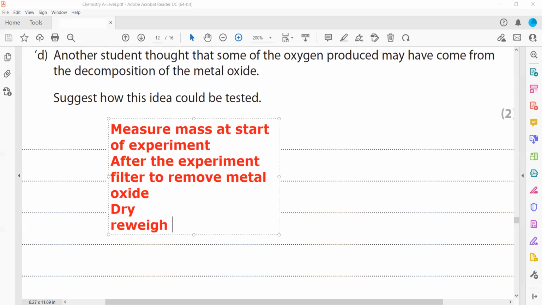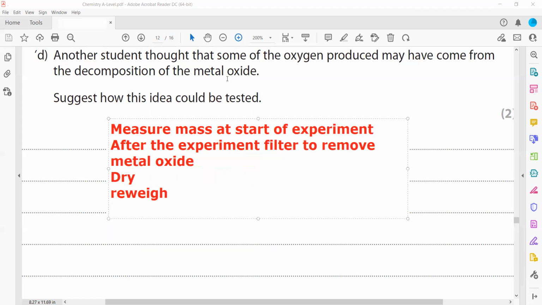If the mass does not change, it means the oxygen is not coming from the metal oxide. Is it clear how we can identify which one is a better catalyst?